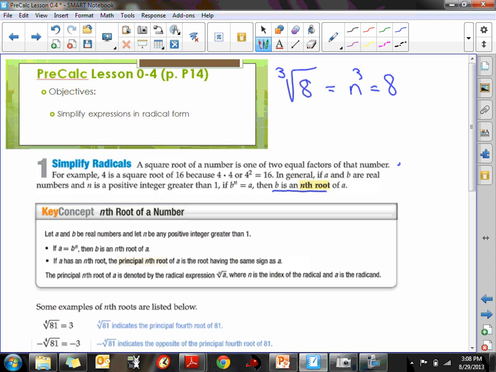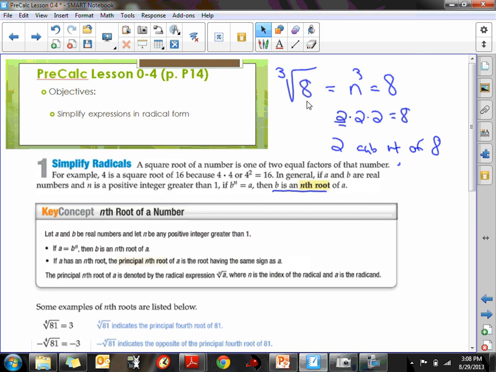That means I have to find a number such as 2 times 2 times 2, which is 8. So 2 is the nth root of 8. So 2 is the cube root of 8. So that's kind of the terminology they're talking about here in this opening paragraph.